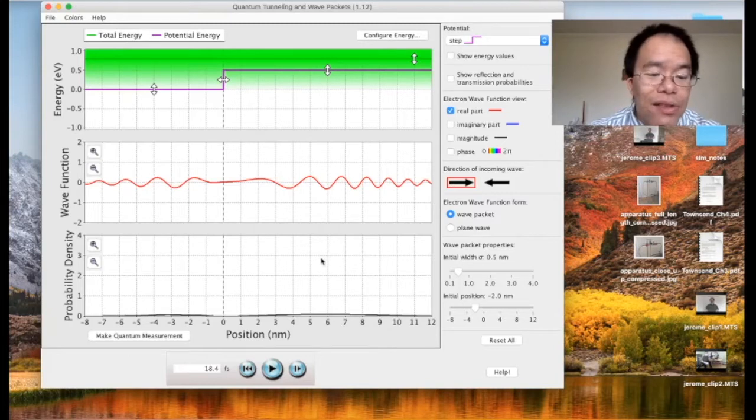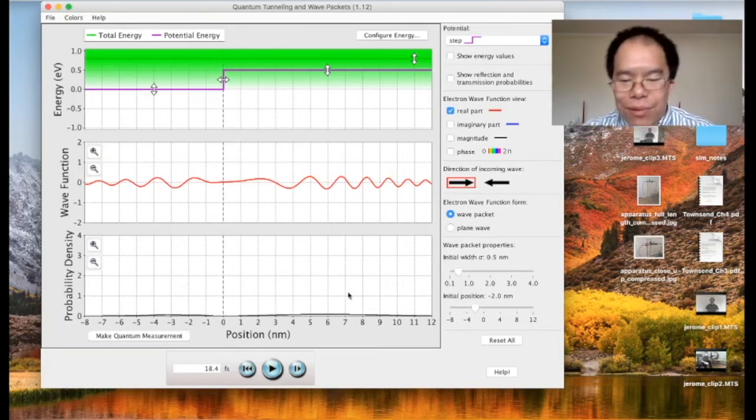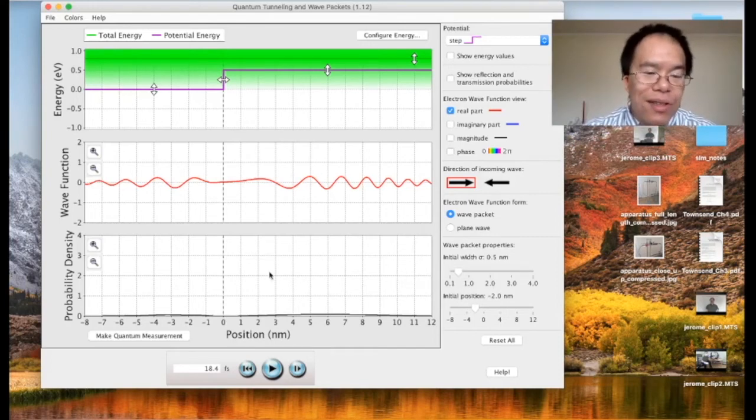But the key takeaway is that we send a particle in from the left, but we don't know that we're always going to find the particle having gone in the direction that we wanted it to go. We launched it, we could well find the particle somewhere even to the left of where it initially began.